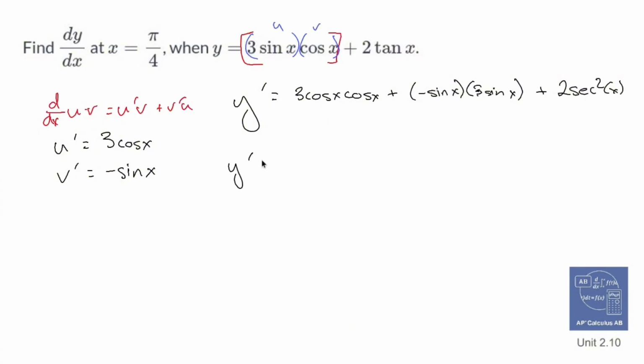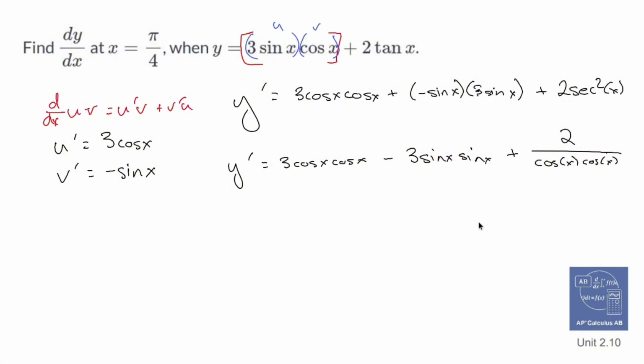I'm going to keep this as y prime equals 3 cosine x cosine x, because in pre-calculus I memorized these values with sine, cosine and tangent only. So I'm not going to go crazy trying to do secants. I can, but I won't. Minus 3 sine x sine x, plus 2 over cos x cos x.